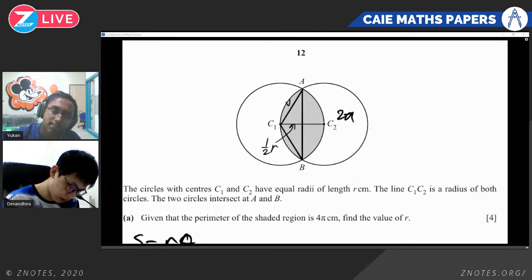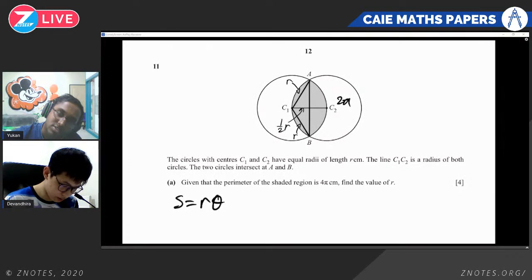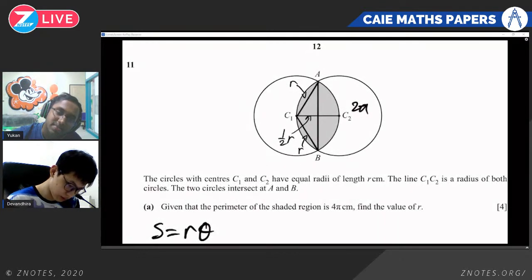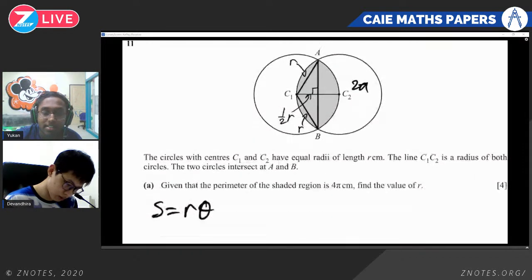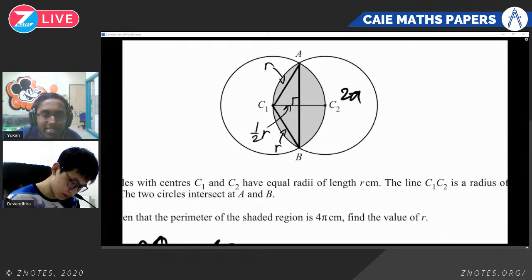So we can find the angle AC1C2. We have the hypotenuse and the adjacent, so we can use cos theta. Theta is the angle AC1C2.